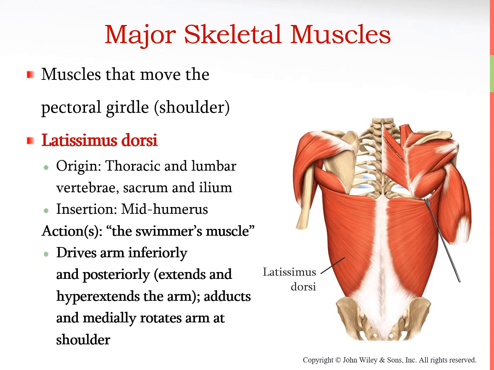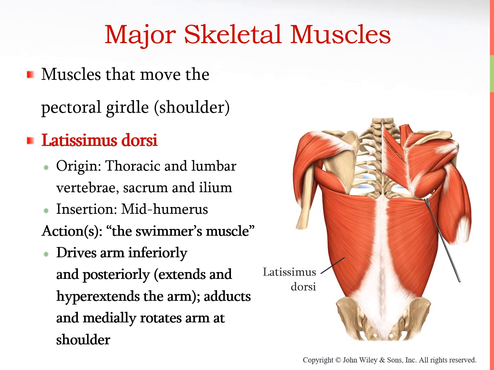Another muscle that moves the shoulder is the latissimus dorsi. It has its origins in the thoracic and lumbar vertebrae, as you can see, running the length of the trunk. Also, the sacrum and ilium of the hip bone. And interestingly, it's hard to see, but the latissimus dorsi inserts into the humerus.